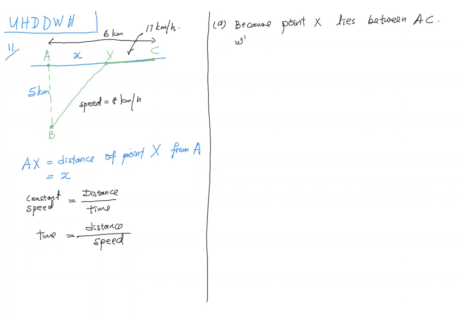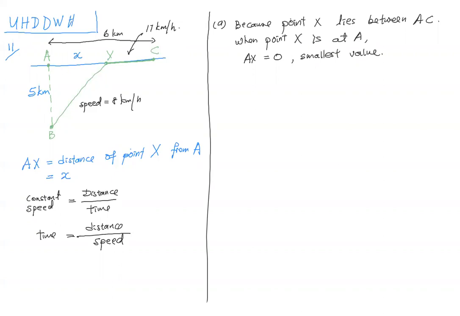So when point X is at A, so AX will be equal to 0. So this is the smallest value. Correct?